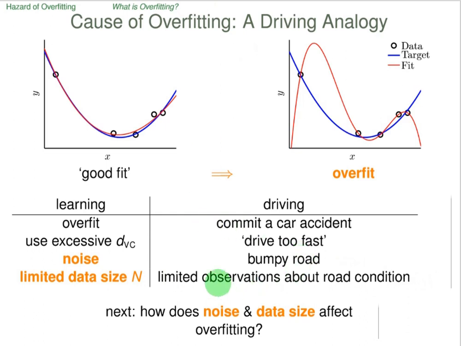So a bumpy road and limited observation about road conditions can lead to a car accident, and so can driving too fast. While these examples give some sense of understanding the overfitting problem, let us delve into more details of how the role of noise and data size affect overfitting, as we haven't discussed them yet.